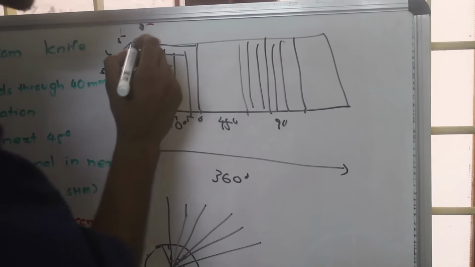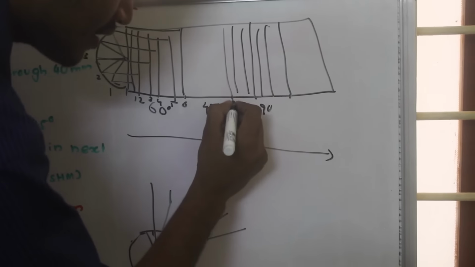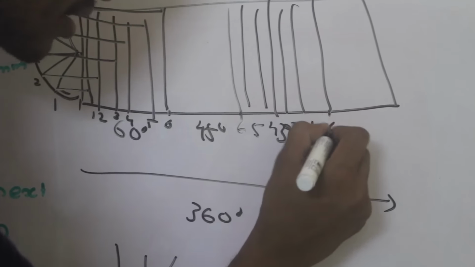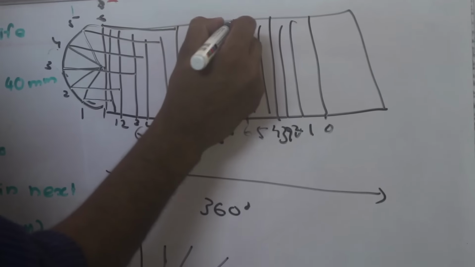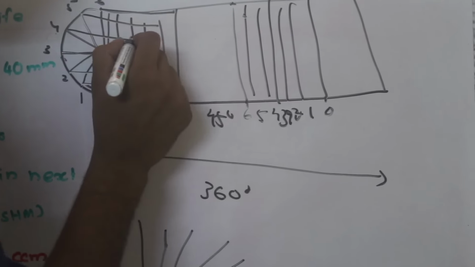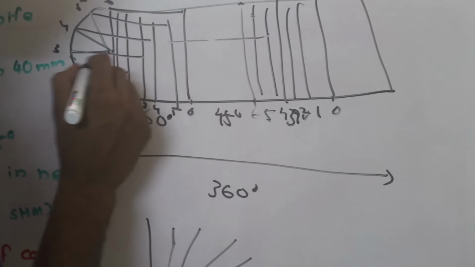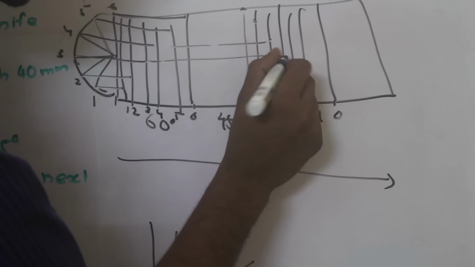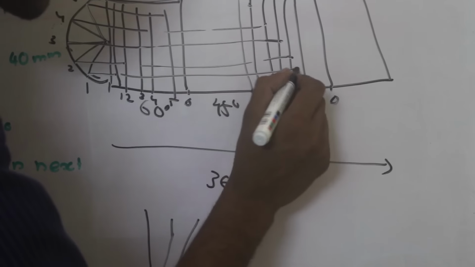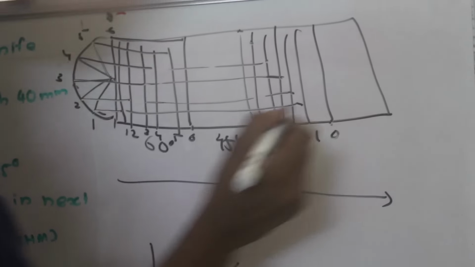There also we name the points 6, 5, 4, 3, 2, 1, 0. So 6 and 6 should be joined, 5 and 5 should be joined, 4 and 4 should be joined, 3 and 3 should be joined, 2 and 2 should be joined, 1 and 1 should be joined, 0 and 0 should be joined.